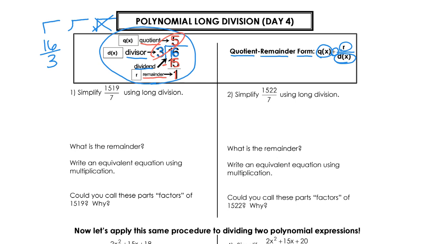So in this case, if we were to write our answer in quotient remainder form, our quotient is 5 plus the remainder of 1 at the bottom divided by your divisor, which is 3. So it'd be 5 plus 1/3. Okay? 5 plus 1/3 is really 5 and 1/3, which is 16/3.